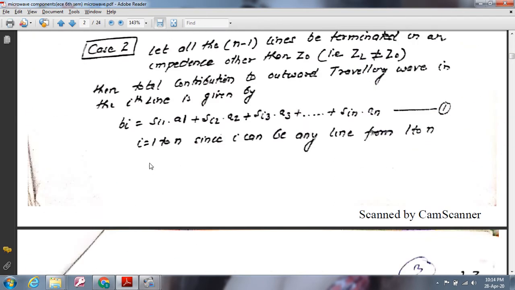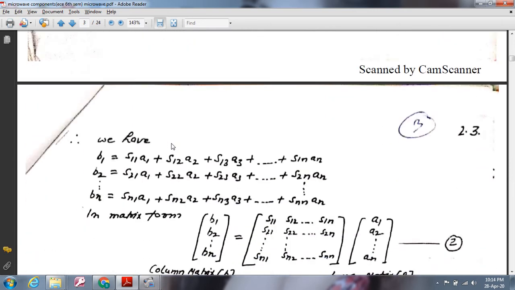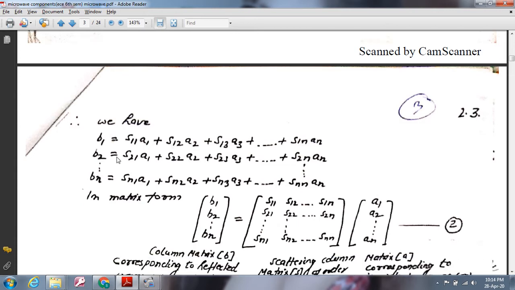So if we consider that we have the option to connect our source to any of the lines, and consider each and every combination, then the corresponding output for the first line will be S11 into A1 plus S12 into A2 plus S13 into A3 plus S1n into An.